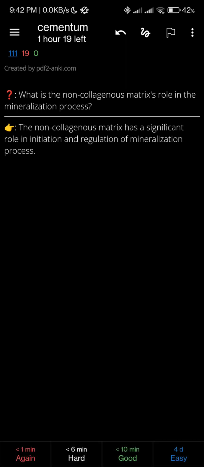Non-collagenous matrix is responsible for initiation, maintenance, and regulation of mineralization. What are some of the non-collagenous proteins?